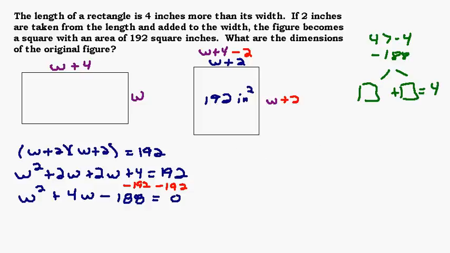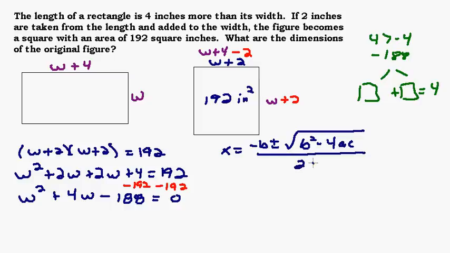Okay, here we go. We can do it. Quadratic formula is x equals the opposite of b plus or minus the square root of b squared minus 4ac, all over 2a. So we're going to plug in our numbers. I think I'm going to run out of room. Let's start down here, that'll give me a little more room.